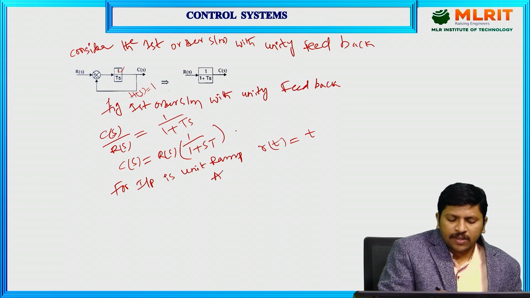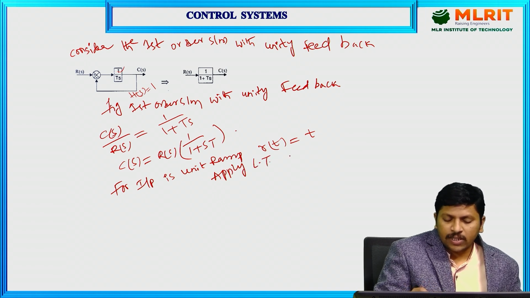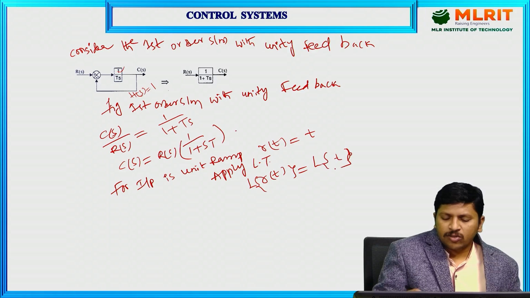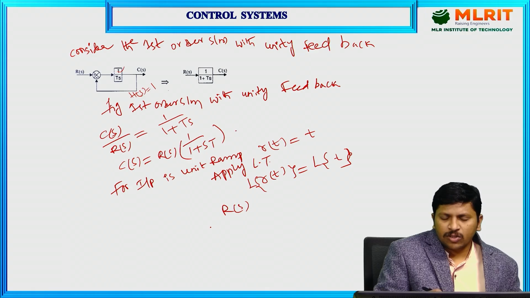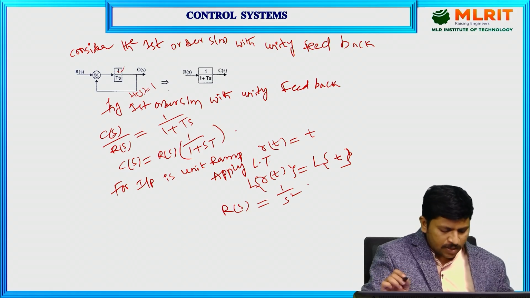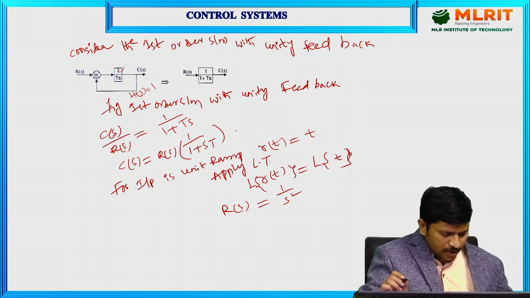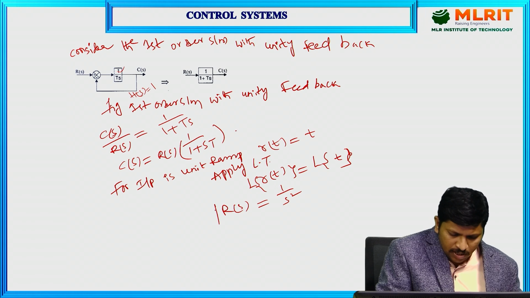Apply the Laplace transform to this equation: Laplace of r of t equals Laplace of t, that is, R of s equals 1 by s square. Substitute these two values here, R of s equals 1 by s square.